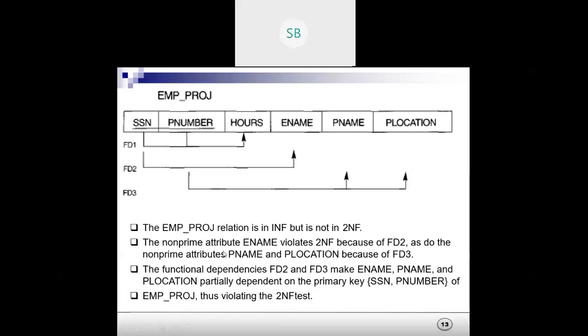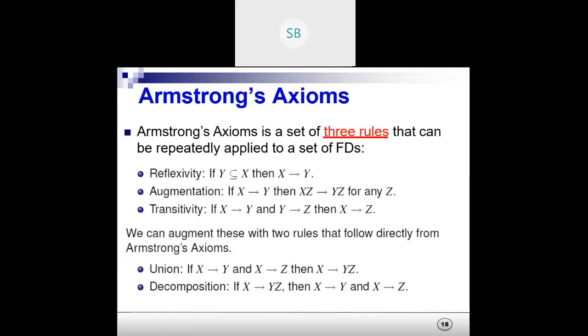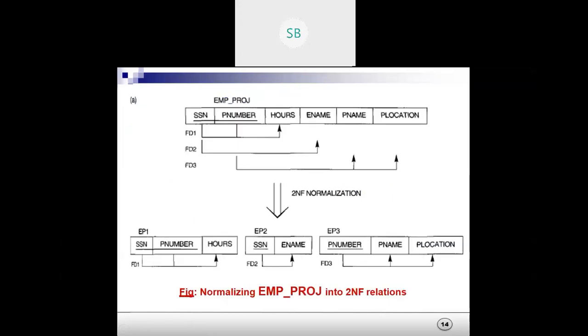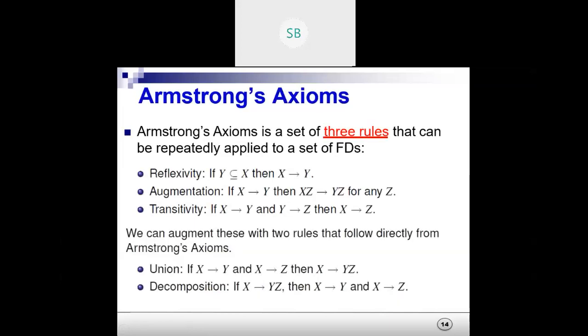The non-prime attribute, that is the E name, violates the 2 NF because of a functional dependency. We'll study non-prime attributes later because I need more time to explain. First, the types of functional dependency should be clear to you. Then I'll explain. It's a long topic actually.